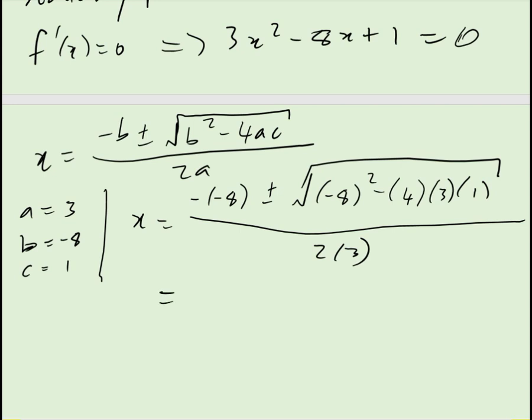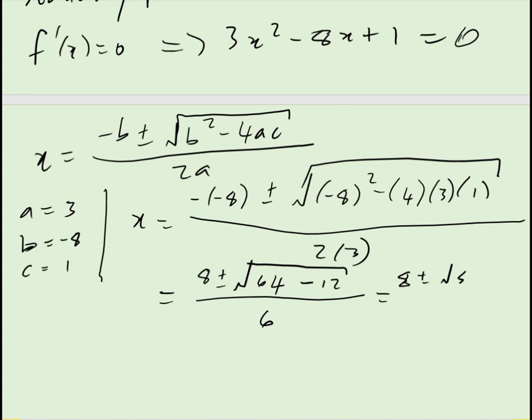Obviously negative times negative is positive, so we have positive 8 plus or minus the square root of 64 minus 12, all over 6. So we get 8 plus or minus the square root of 52 over 6. I suppose you can factorize this further, but you might as well just go straight to the calculator.